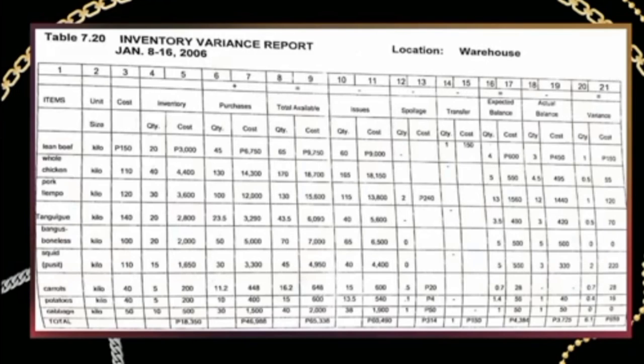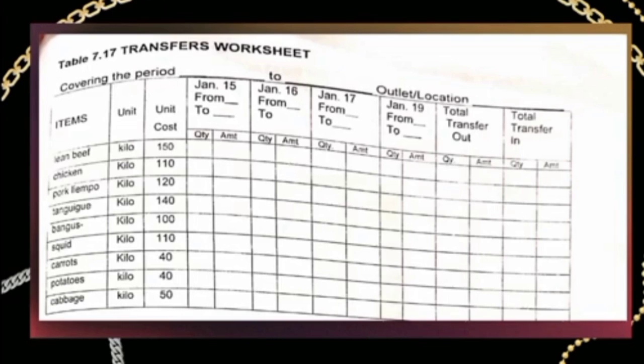For bar items, the same procedure for inventory reconciliation applies. However, the items on purchasing, columns 6 and 7 of table 7.11, shall be replaced with requisition, presenting the quantity and cost of stock that were requisitioned and issued to the bar upon start of inventory.